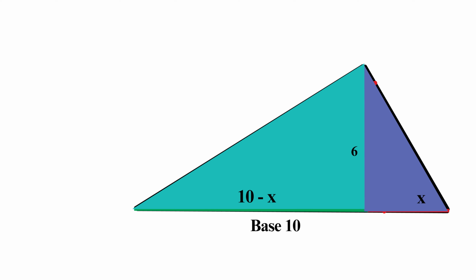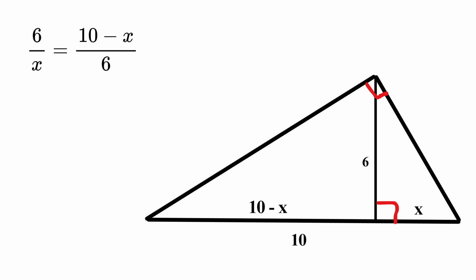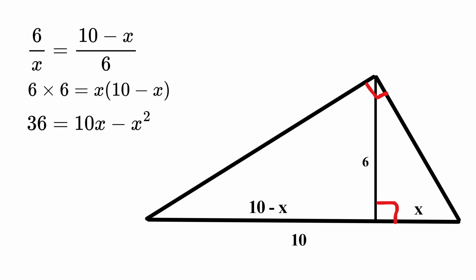6 over x equals (10 minus x) over 6. By cross multiplication, we get this. So, 6 times 6 equals 36 equals 10x minus x squared. By rearranging it, we get x squared minus 10x plus 36. Oh look, this is a quadratic form.